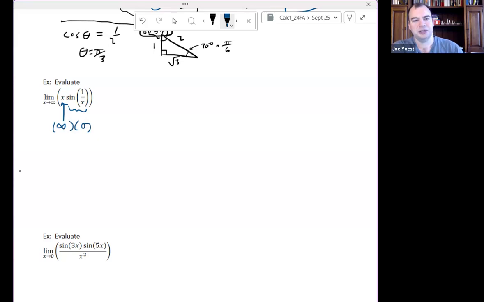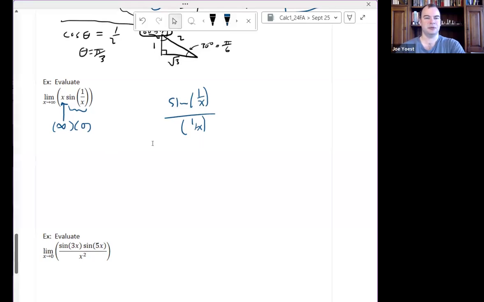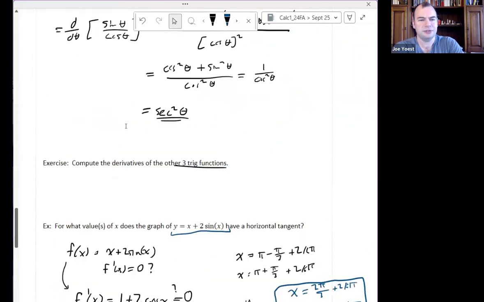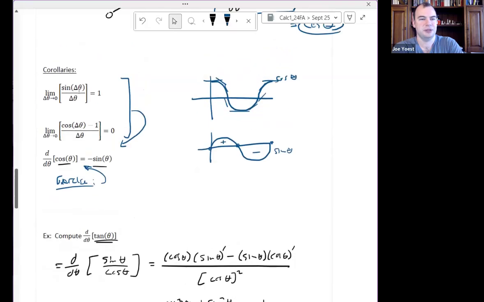I guess I could write this as sine 1 over x over 1 over x, so that I have sine of something over something, right? Just putting this x in the numerator as a 1 over x in the denominator, letting x go to infinity. That actually has this form, the limit of sine of something over the same thing.